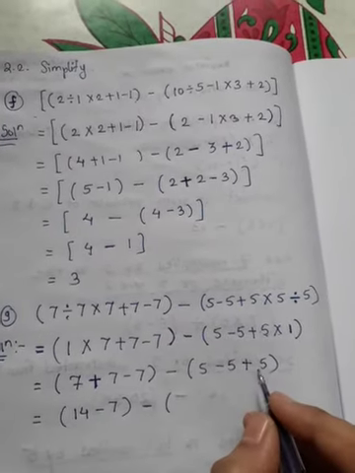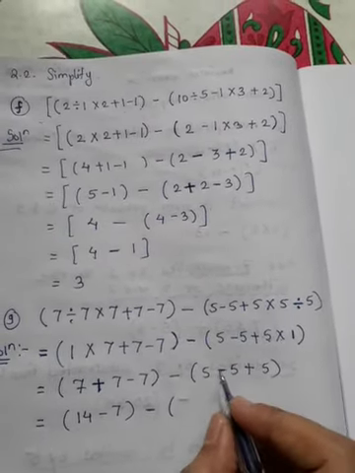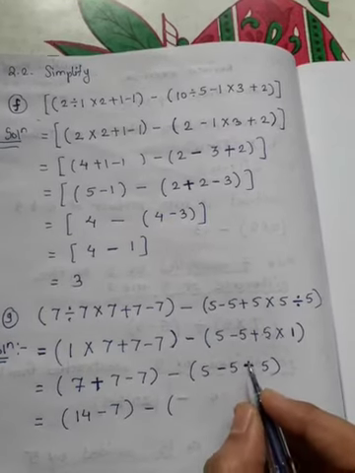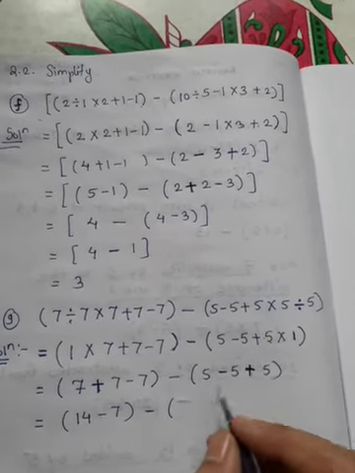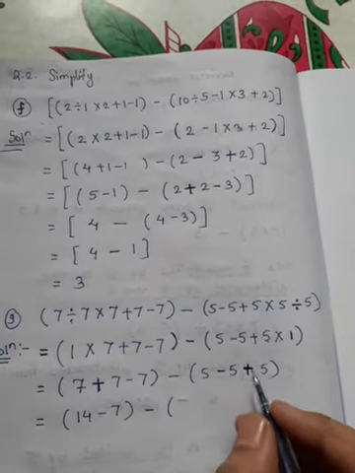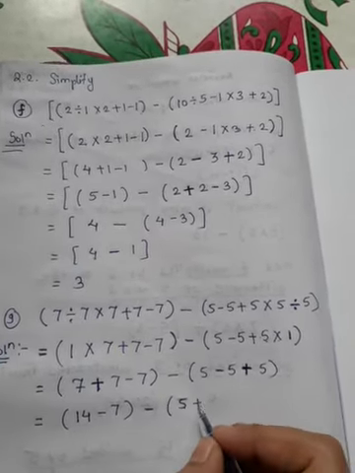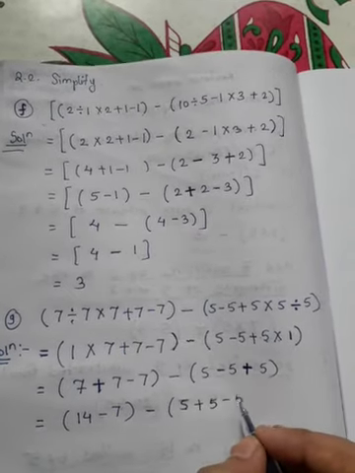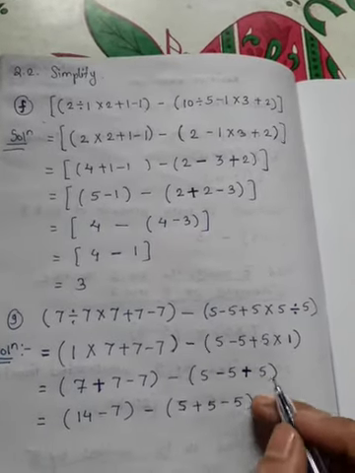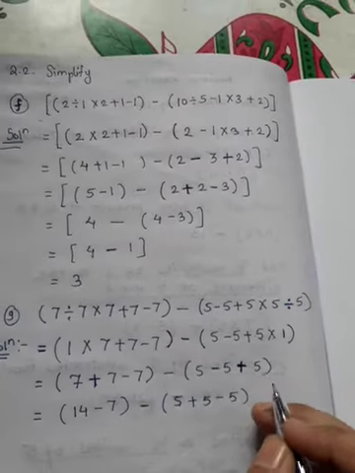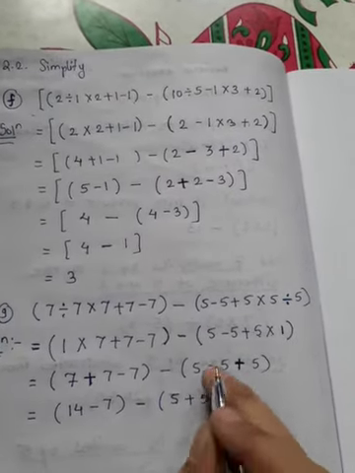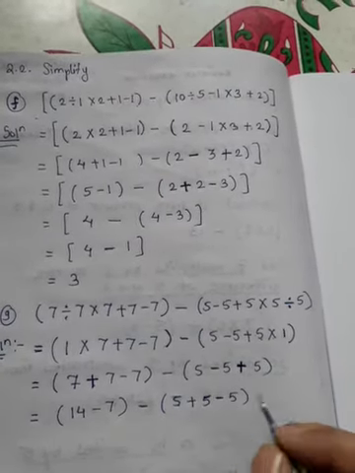In these terms the minus sign comes first and the plus sign at last. So write the additive term first: write 5, plus 5, and then minus 5. There is no difference between these two orders, so just write the additive term first and then subtract.